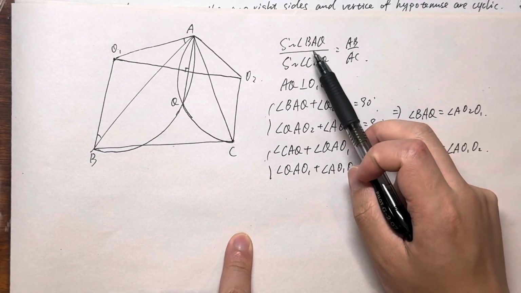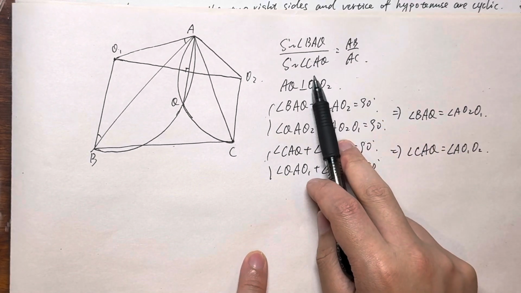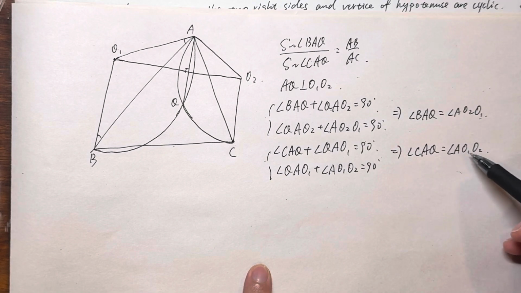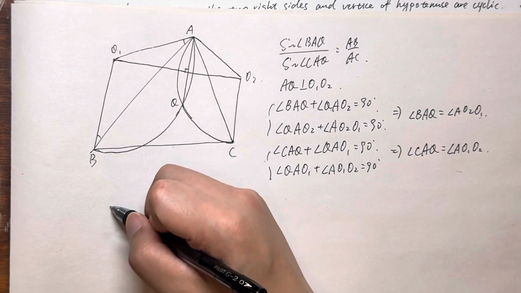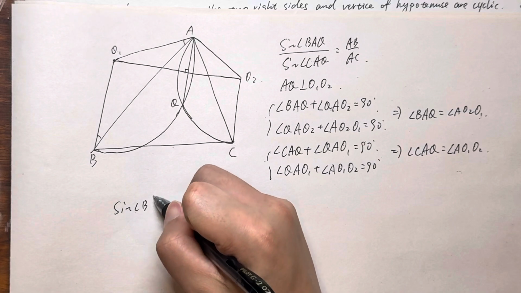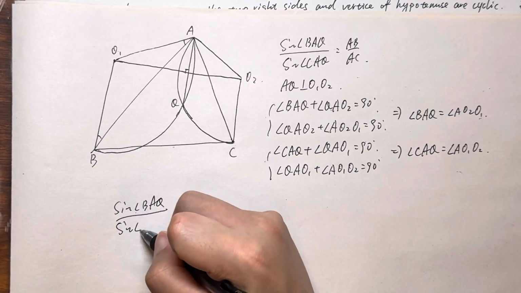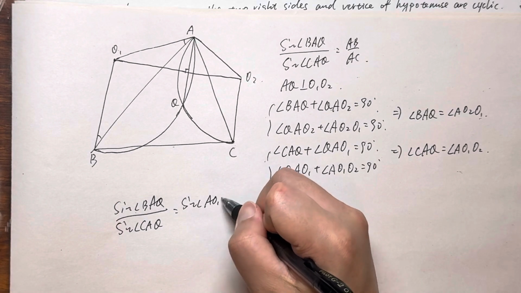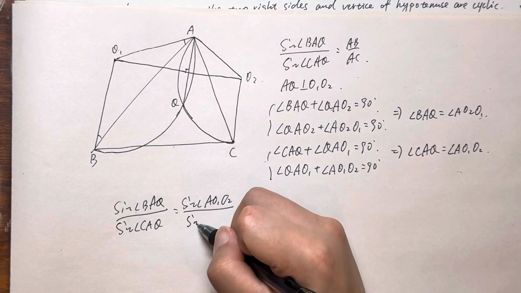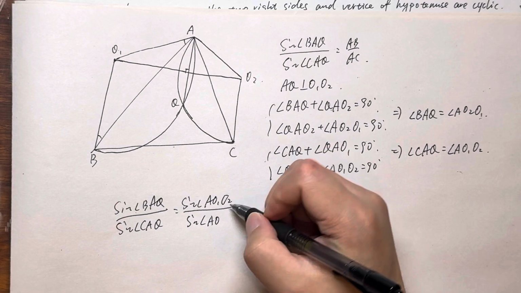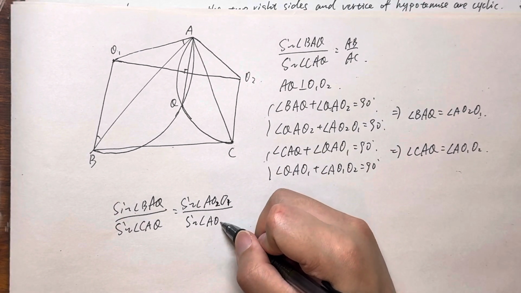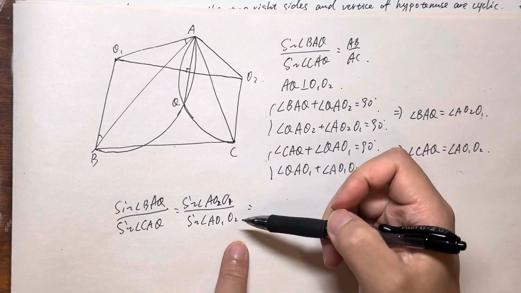Now sine angle BAQ to sine angle CAQ equals sine angle AO2O1 to sine angle AO1O2, right?